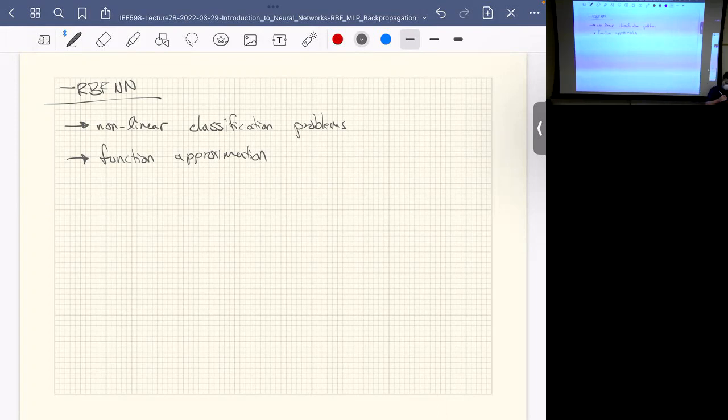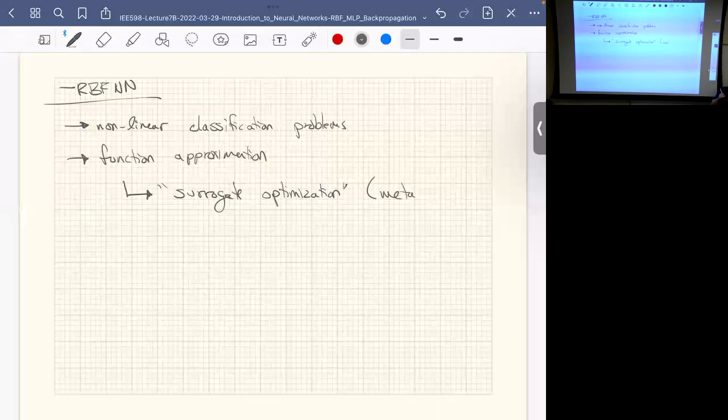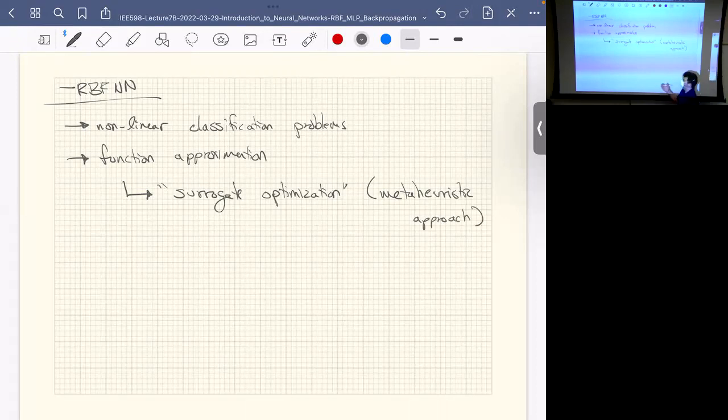This is actually what goes on in a metaheuristic called surrogate optimization. This is another metaheuristic approach. You can go into most modern professional numerical tools that have optimization toolboxes, like MATLAB, which has a surrogate optimization function.